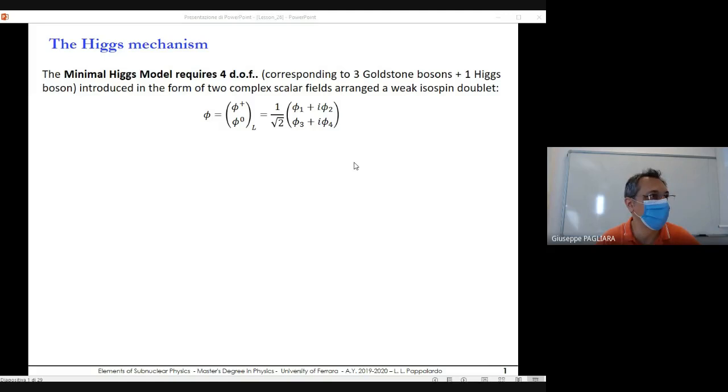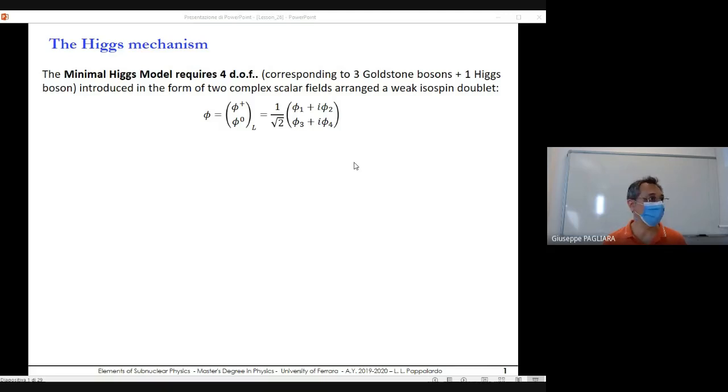And this is done through the unitary gauge, where the 3 degrees of freedom of the 3 Goldstone bosons are, as we announced yesterday, reabsorbed into the longitudinal polarization degrees of the massive gauge bosons, W and the Z. Okay, this occurs only for 3 of them, for the Z, W plus, W minus, but not for the photon, which in fact remains massless, as we know.